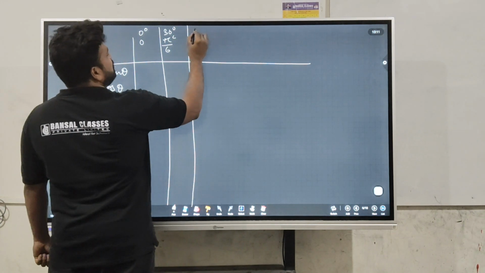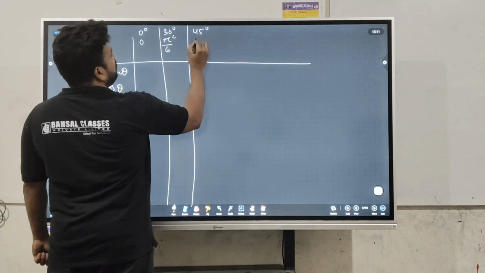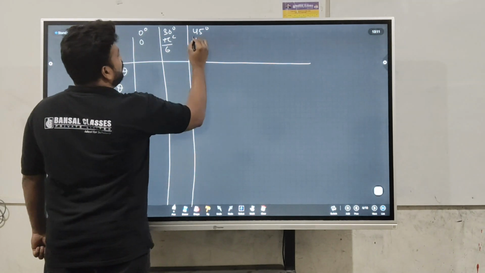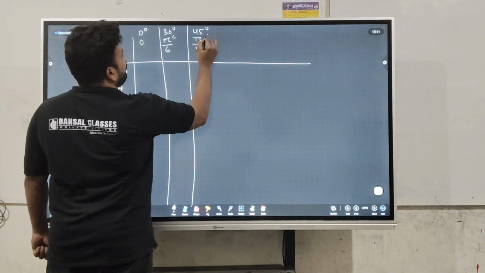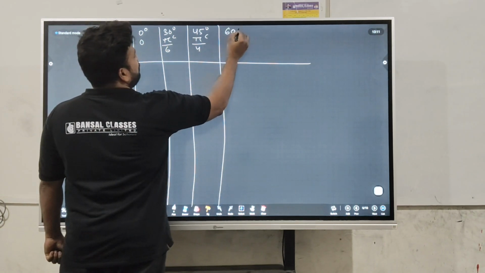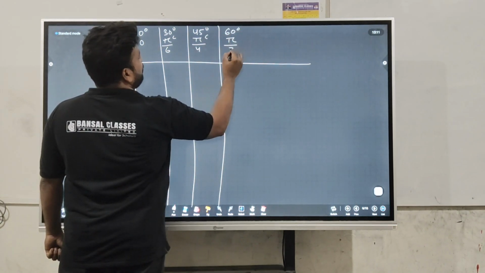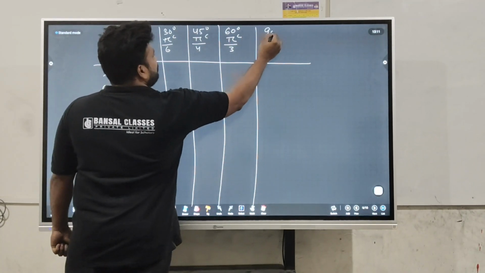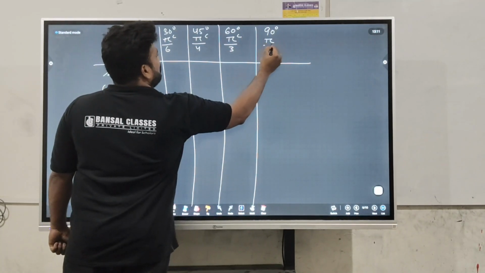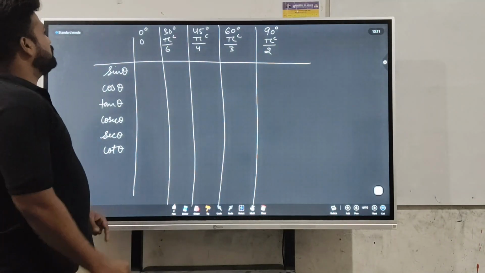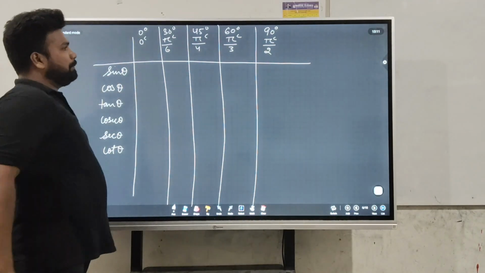The other one is 45 degree, pi by 4 radian. The next one is 60 degree, that is pi by 3 radian. The last one is 90 degree, that is pi by 2 radian.